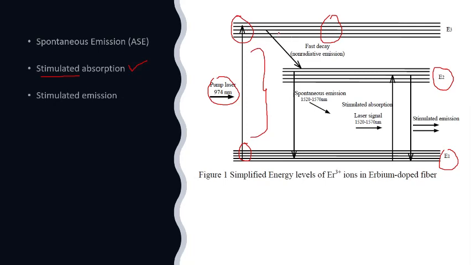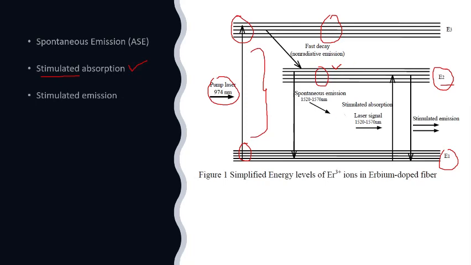After going into the excited state, the ions come back to the metastable state, level E2, by themselves through fast decay. In this state the ions stay for a longer duration. It is a relatively stable state compared to the excited state E3, and that's why it is known as the metastable state.